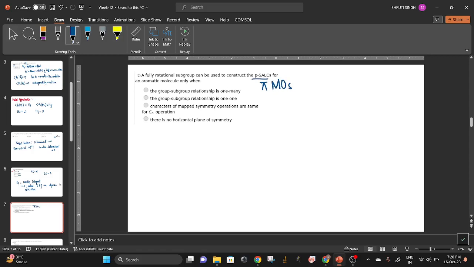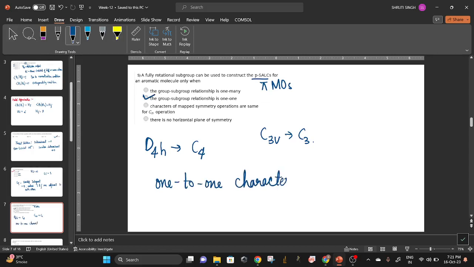The answer is that the rotational subgroup can be used, for example, instead of D4h you can use C4, instead of C3v you can use C3, like that. Such rotational subgroups can be used only if the group-subgroup relation is one to one. A one-to-one character mapping should be there.